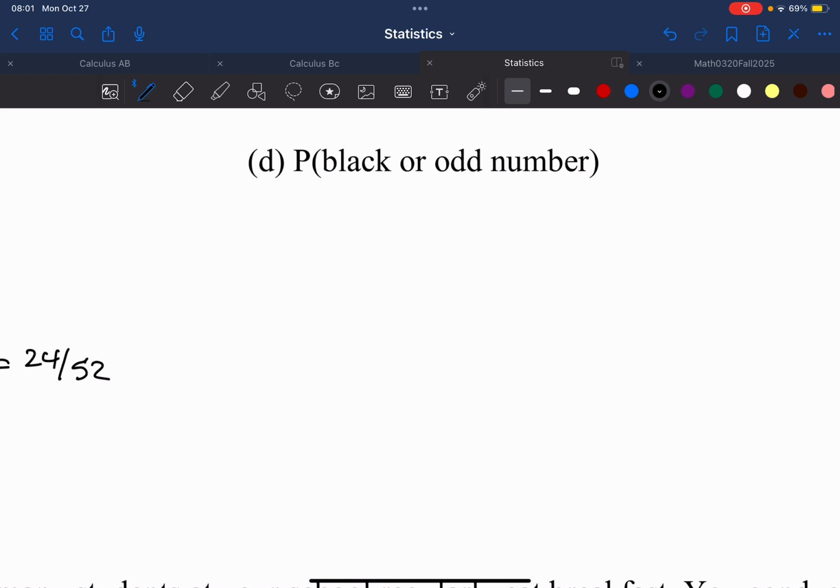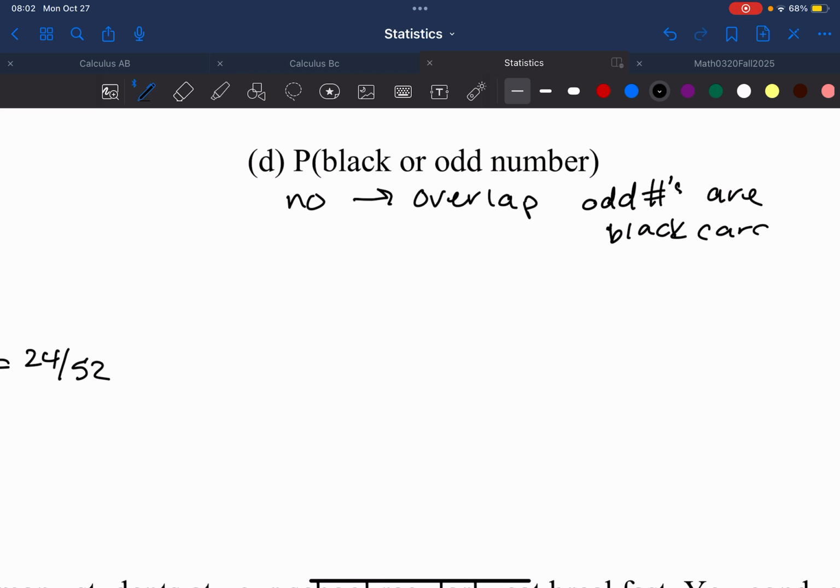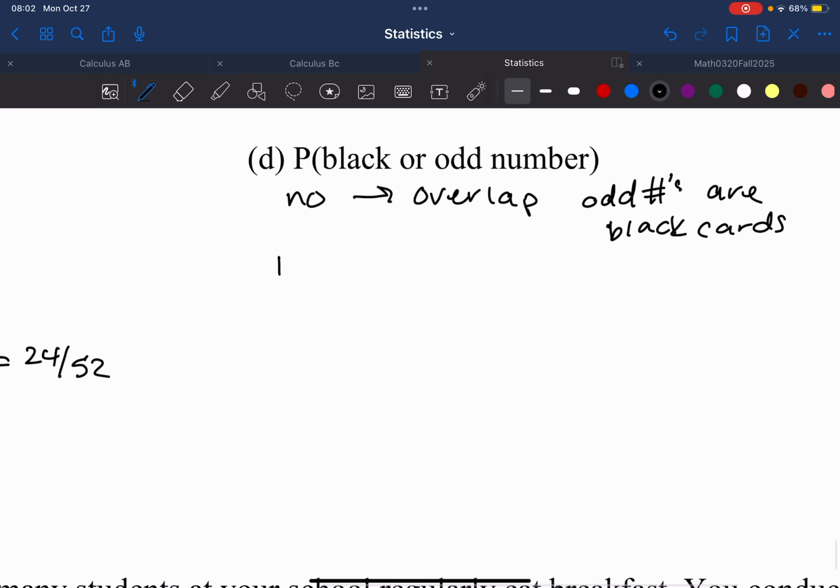Then we have probability of black or odd number. Well, there are black cards that have odd numbers, so I would say no, this is not mutually exclusive because there is an overlap, and that overlap is that odd numbers are black cards. So the probability of a black card is half the deck, so 26 out of 52.